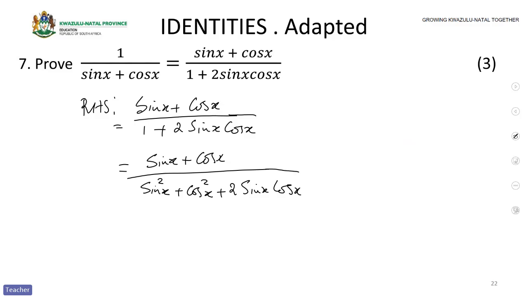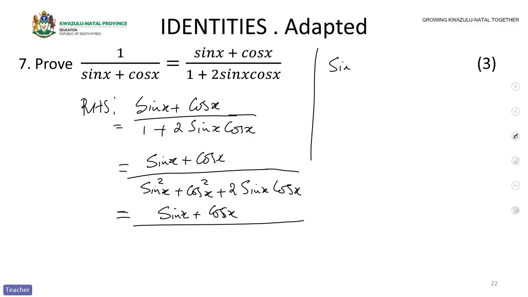Then I can further simplify this one. How do I simplify? I try to create one term on the denominator. So therefore, it's going to be sin of x plus cos of x all divided by, I can factorize this one. I can express it as sin squared x plus 2 sin x times cos x plus cos squared x.